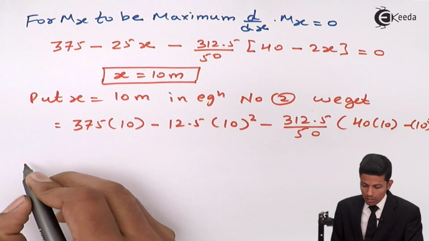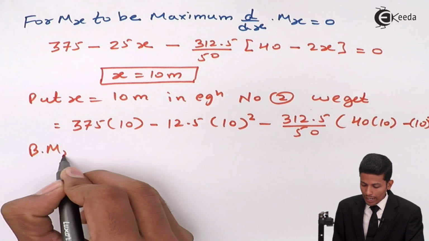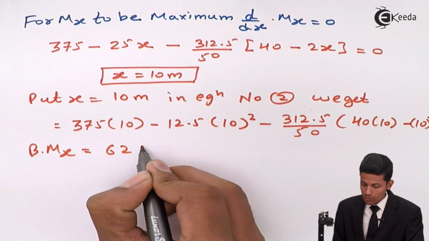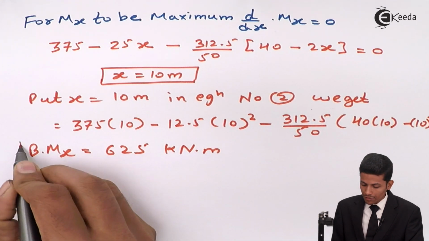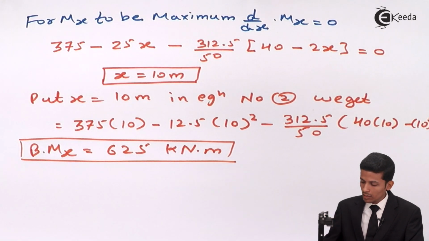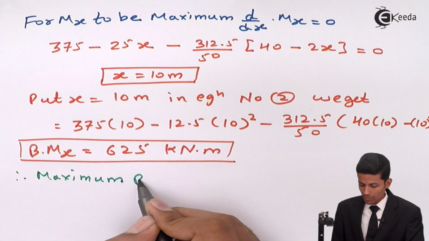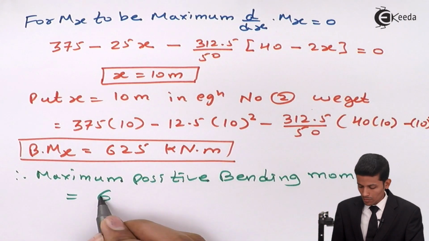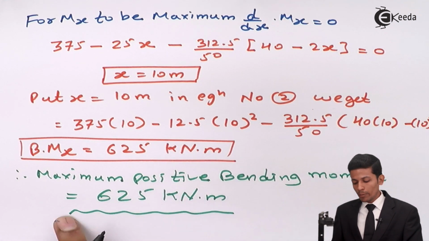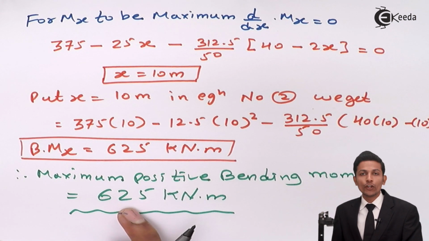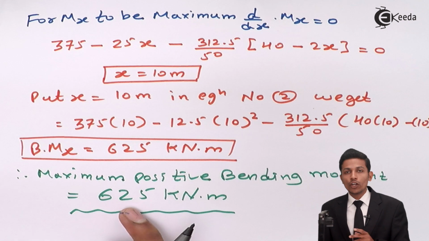Now your bending moment at x will come as 625 kilonewton meter. So we have found the maximum positive bending moment is 625 kilonewton meter.